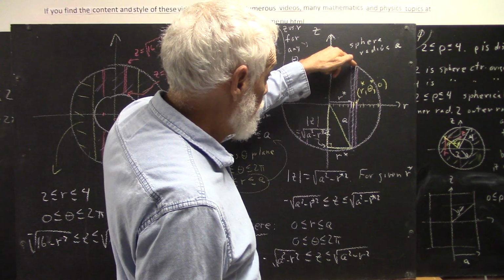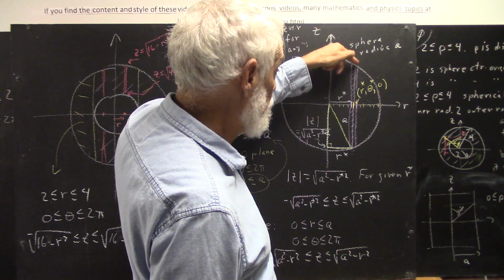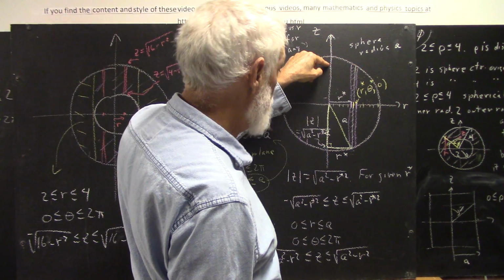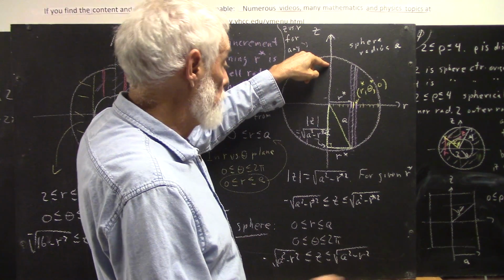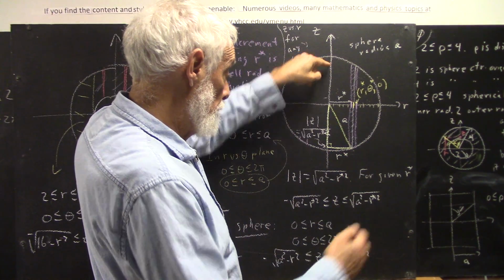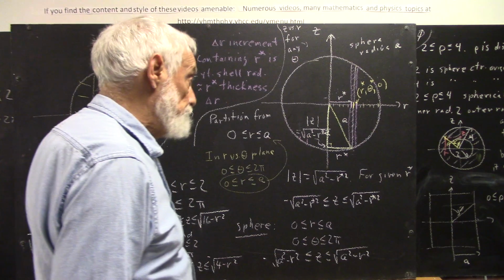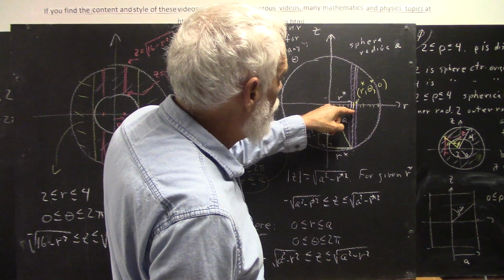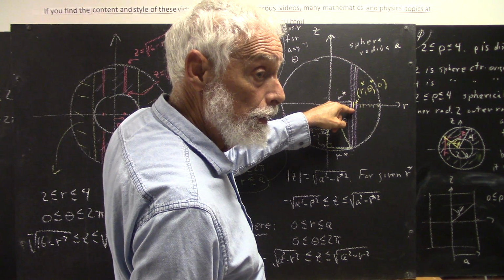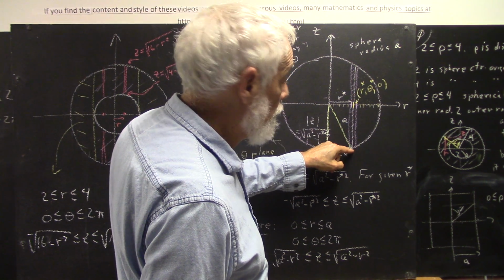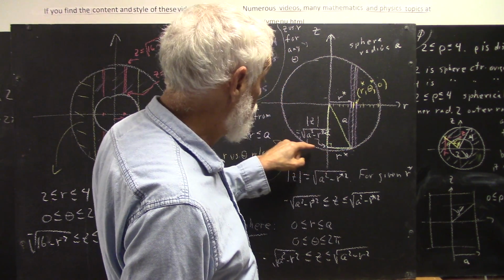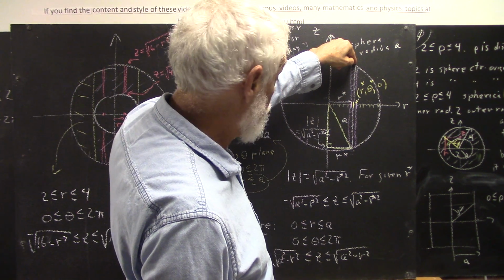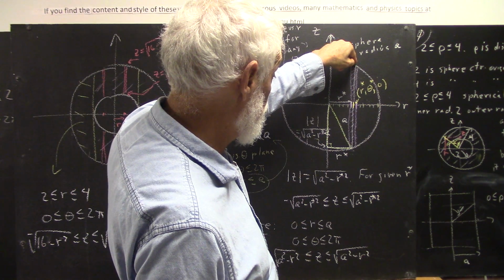There's symmetry here, so if we do the same thing with this point, we could construct a triangle the same way and project over. We would find that z is going to be plus the square root of a squared minus r star squared. So for any point where r has the value r star, the sphere will go from negative the square root of a squared minus r star squared up to positive square root of a squared minus r star squared.